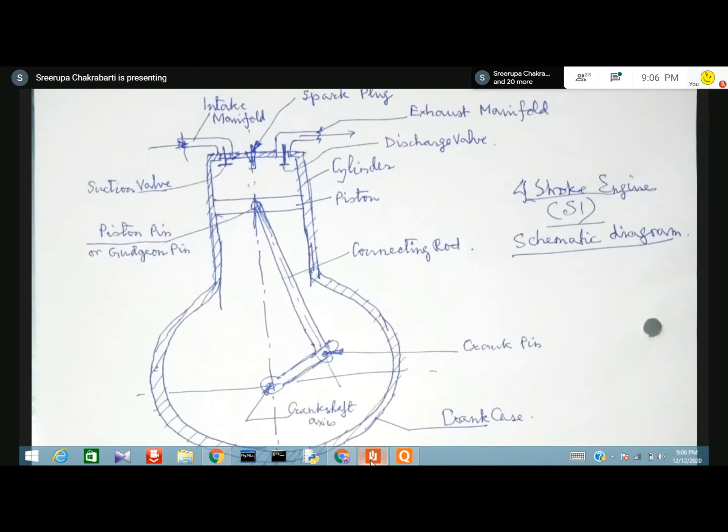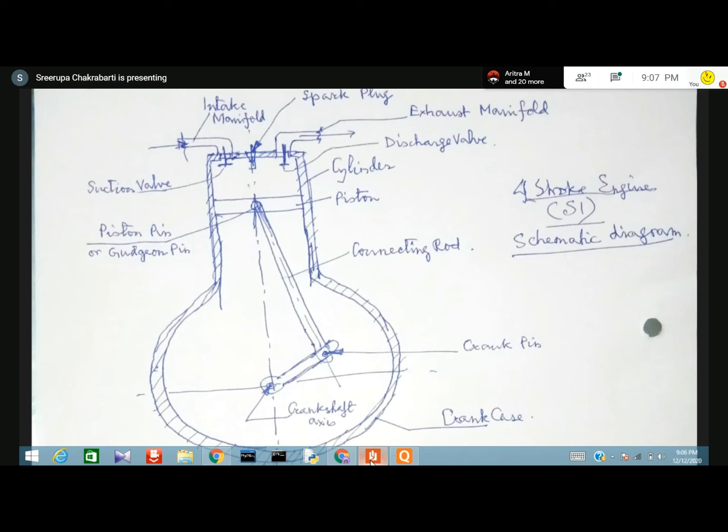Now you can ask the question, why in a petrol engine, why should we not go for compression ignition? And why should we go for compression ignition only in case of a diesel engine? The reason lies in the answer that there is a term known as compression ratio, which I tried to explain last class also.